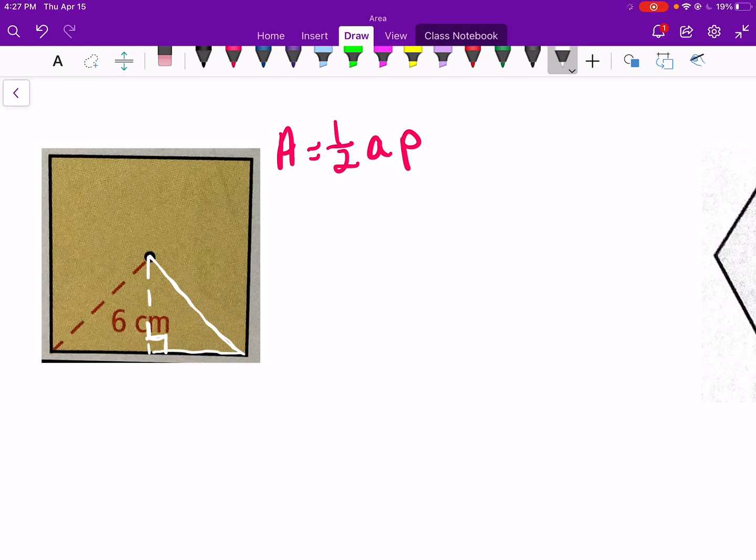So let's look at this triangle right here that I've outlined in white. We need to find our apothem, and we need to find a side length. So let's find this value down here. And we know the radius is 6 centimeters. To do this, we first need an angle. So let's use our central angle to find the angle of our triangle.